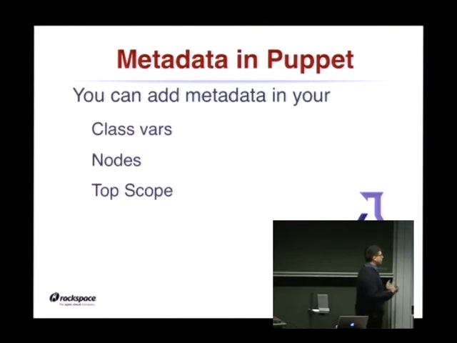So variables and metadata in general in Puppet are very tricky, because the scoping in Puppet has been changing with time. So what we all used to do is to put all metadata in the node definition. You define $server_type equal web server, and you were happy with that.